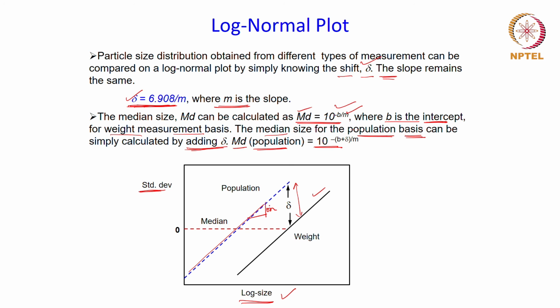Since the slope is known, delta is also known. So, once you know that delta, the size obtained from one particular basis can be easily converted to the other basis by simply adding up that delta. Okay. So, that is what we have seen here. And that is how you can represent different bases and obtain the same information of particle size using different techniques which might use a different basis, right.